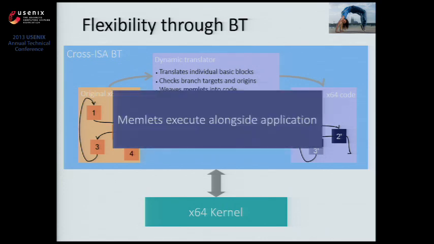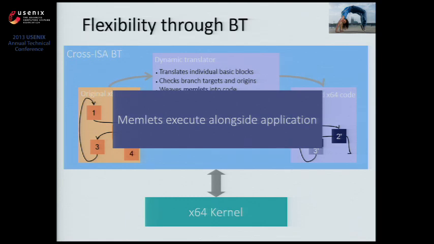Using this approach ensures that all the memlets execute alongside the application and are woven into the application, but are again separate from the application because they use different hardware, and they use different sets of registers and different memory areas.